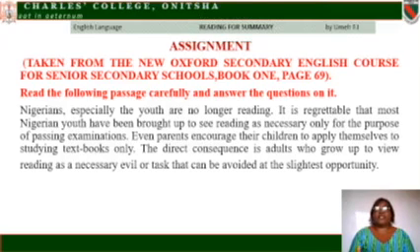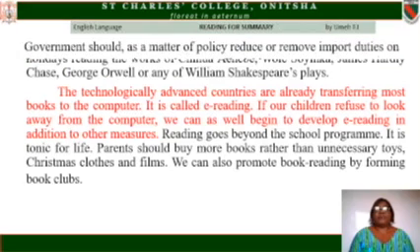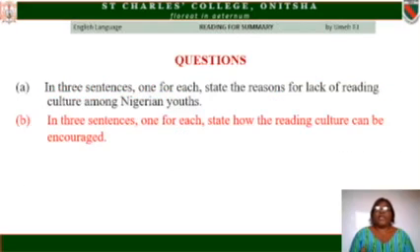The question says, A, in 3 sentences, 1 for each, state the reasons for lack of reading culture among Nigerian students or Nigerian youths. B, in 3 sentences, 1 for each, state how the reading culture can be encouraged.